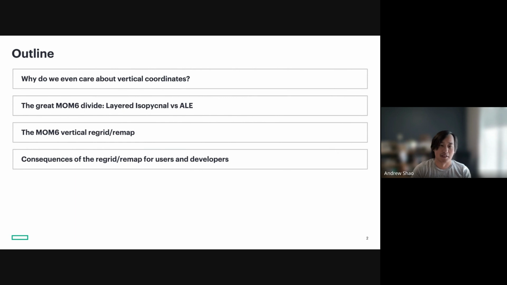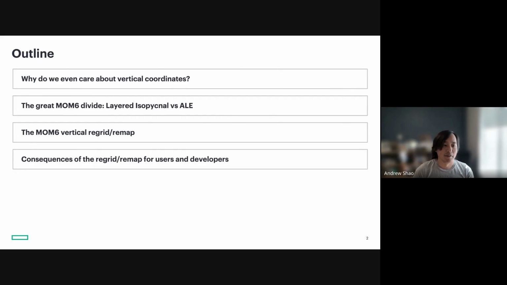The second part is this question that some people may not be aware of, especially now that the ALE version or the ALE mode of MOM6 is probably the one being used for most applications now. But also trying to make this distinction between the layered isopycnal mode that MOM6 has, in addition to this ALE vertical Lagrangian remapping scheme that we'll talk about here too.